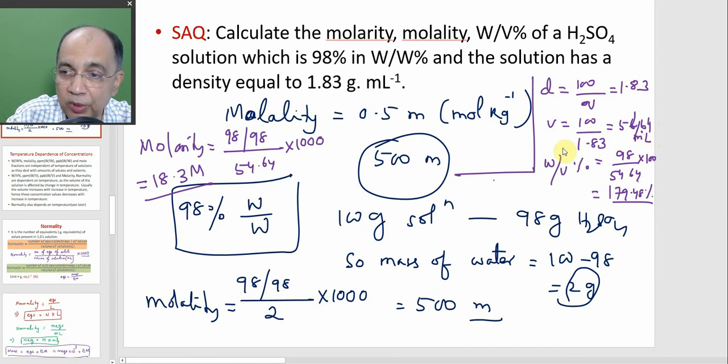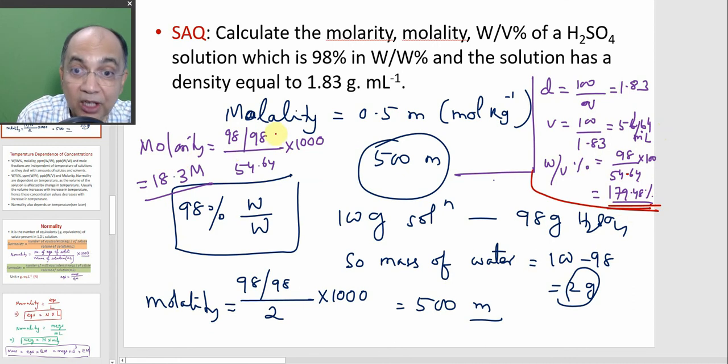So W by V percent is 98 divided by the volume of 100 gram, which is 54.64, into 100. So W by V percent is 179.48. So this is one answer. The other answer is molarity. The number of moles, 98 grams is 1 mole, 98 by 98, divided by the volume of the solution, 54.64 into 1000. So the molarity is 18.3 molar.